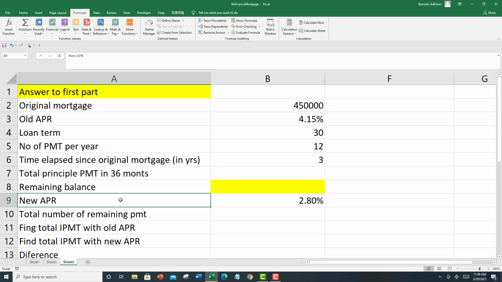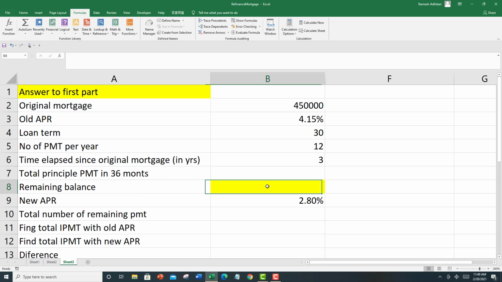The first part of the question asks us to find out how much interest would you save if you refinance, right? So this is plain and simple, straightforward. To answer that question, you need to know what is the remaining balance, because once you know the remaining balance, you can easily compute how much total interest would you pay on the remaining balance with the existing APR, and you can also find out the total interest payment on the remaining balance with the new APR.